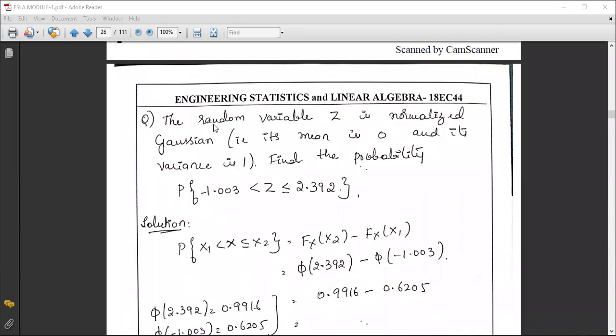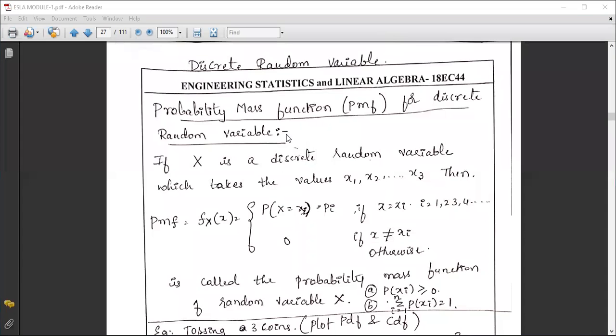Next, the random variable x. Now, probability mass function.